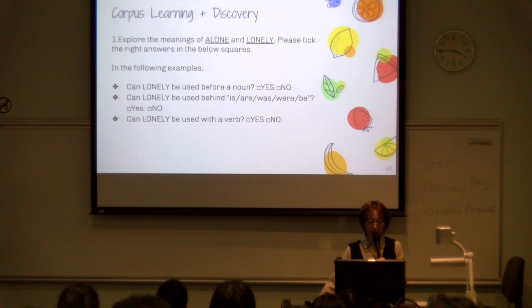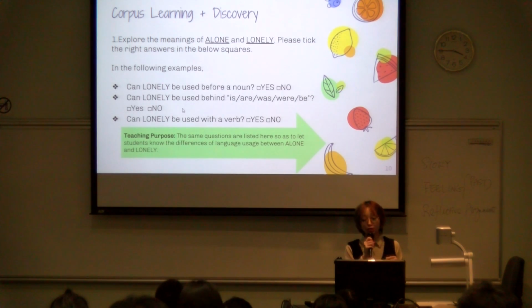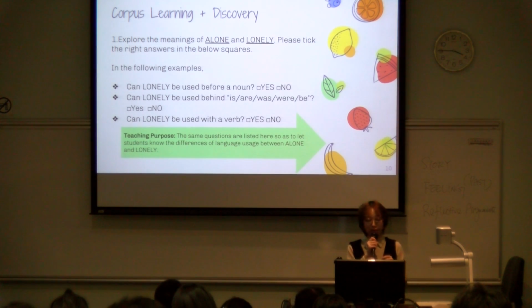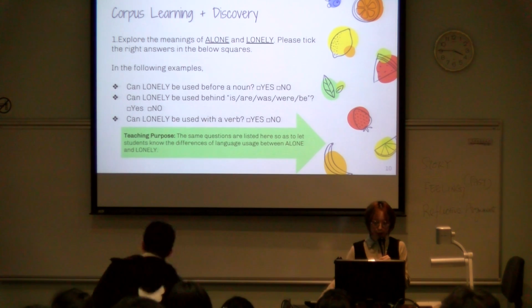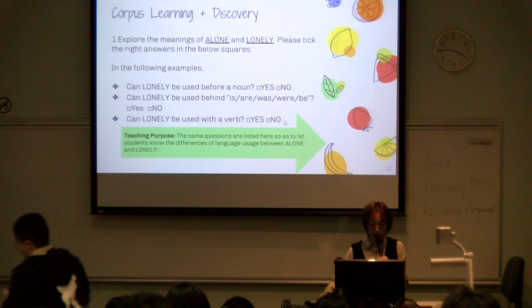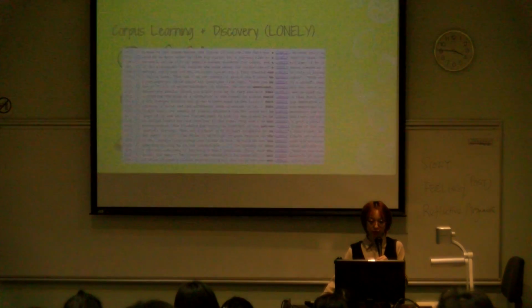The same is done for lonely here. We also invite them to check with the online corpus. They can see different examples here, so that they feel the different language usages, and then they will get a better understanding of their differences and meanings as well.